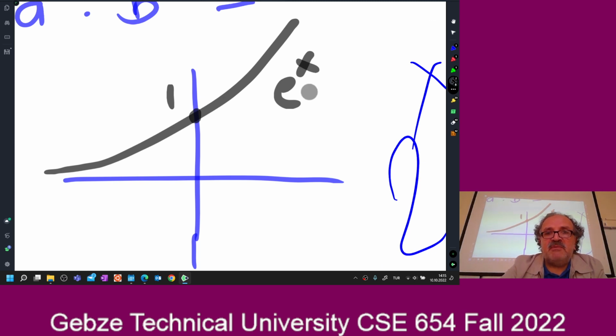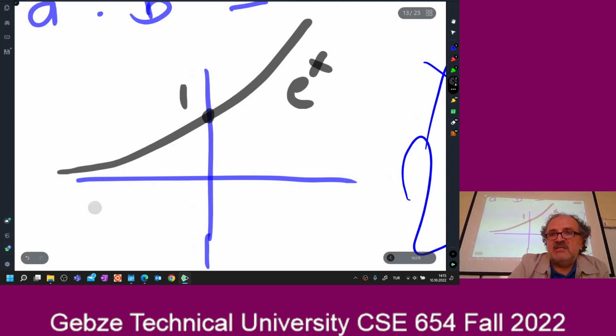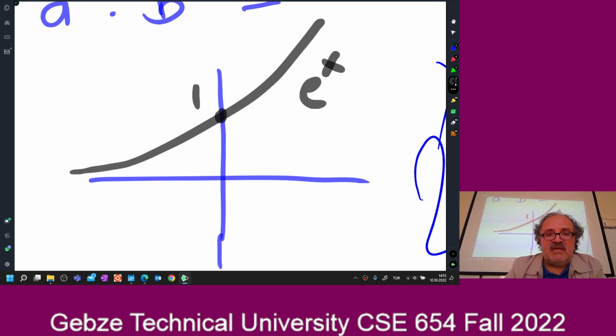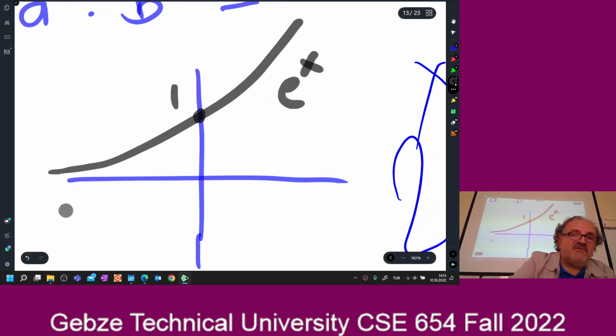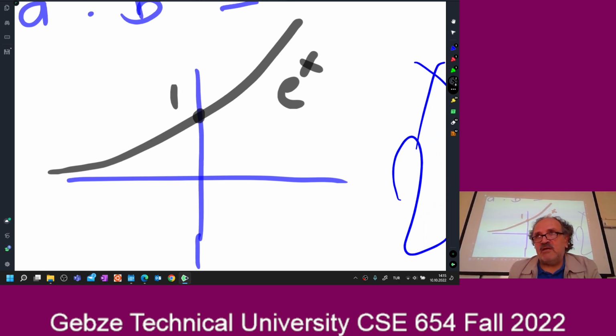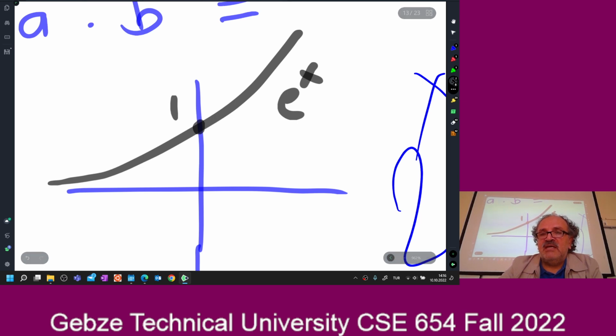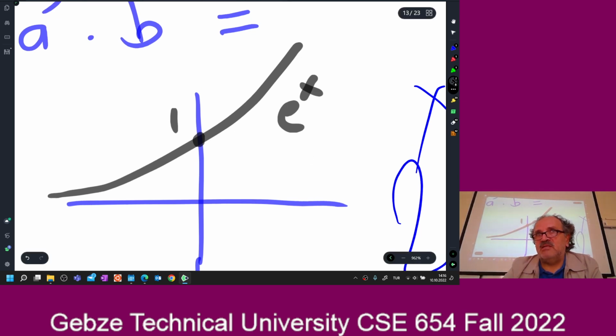And this will never become 0, no matter where you go at negative infinity. At positive infinity, it's going to be very, very large. At negative infinity, it's going to be very close to 0, but it's not going to be 0. The nice thing is, whatever you put here as an x, this function will make it a positive number.